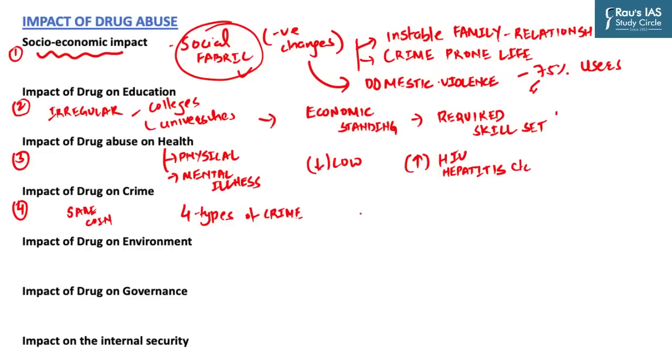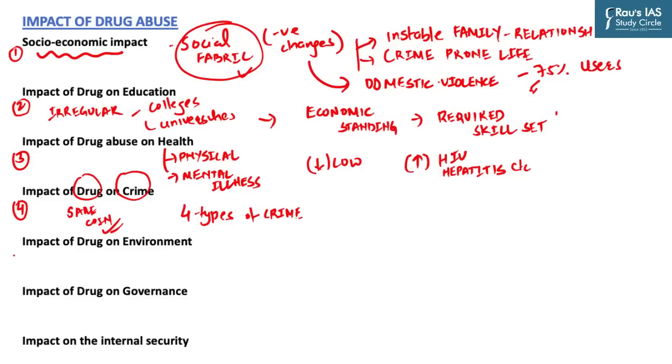Crime committed by the drug peddler or supplier. Crime by drug business owners to protect their business. And financial crime that is involved, like money laundering, robbery, etc. So four types of crime are being committed at the same point of time. And thus it is said that drugs and crime are two sides of the same coin.